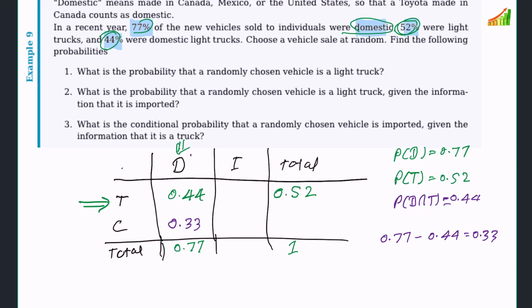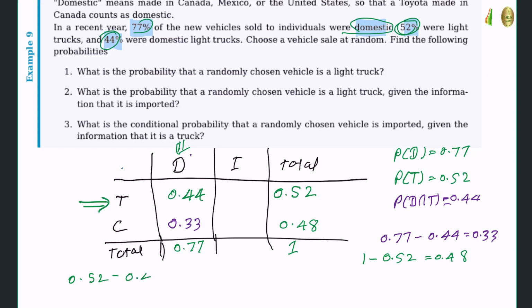Now, we know probability of truck is 0.52 and total is 1. The probability of the sample space is 1, right? Then we subtract 0.52 from 1, that is 0.48. Therefore, we know this is 0.48. Now we can go to this. How do we fill that? We know the probability of truck is 0.52, and we know the probability of domestic truck is 0.44.